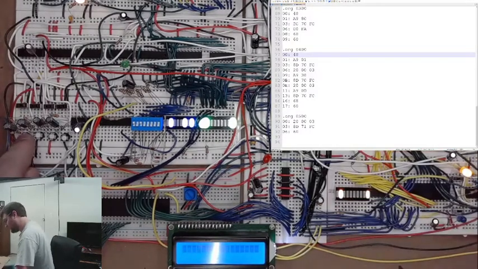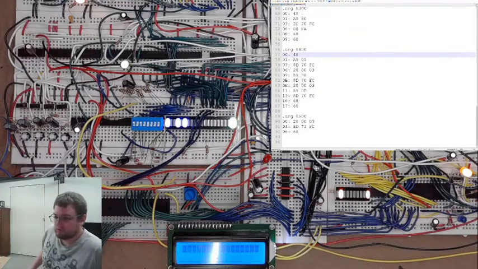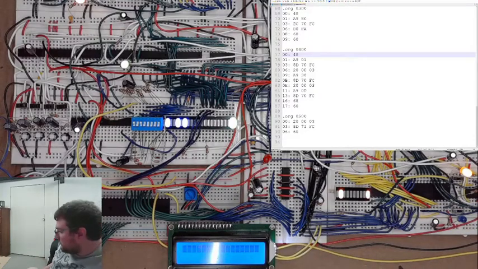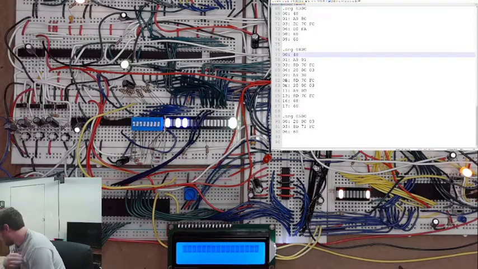What happens? Here we go. We're resetting. There we go. Right here. I don't know. What made it work again? Makes absolutely no sense. And there's nothing that outputs on these lines other than the processor and me.